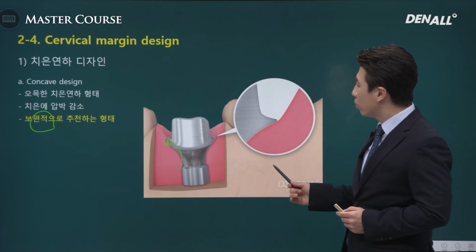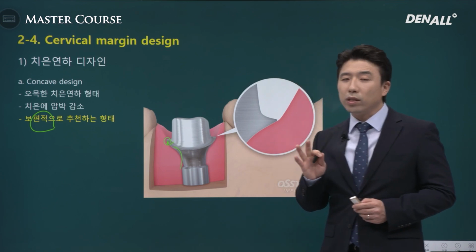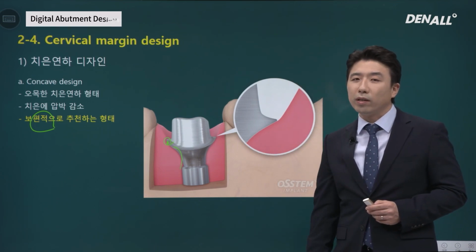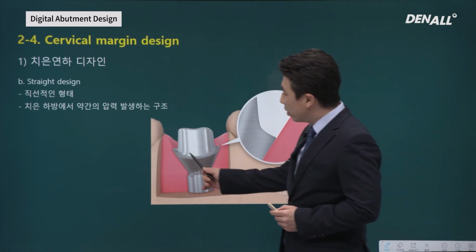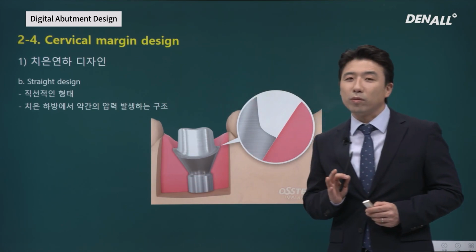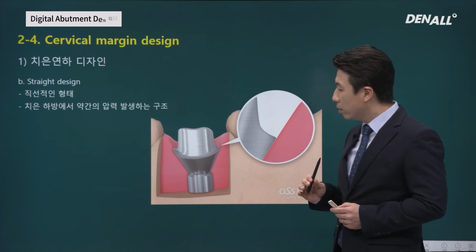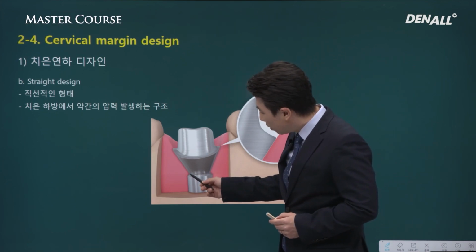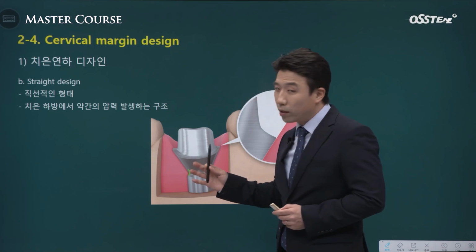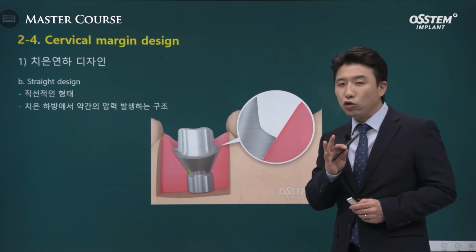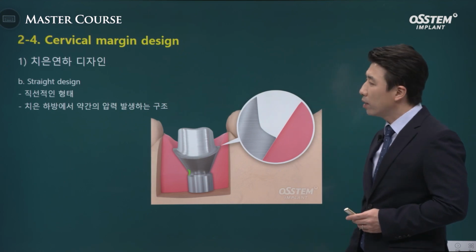In most cases, in order to form healthy gingiva around the implant, concave design is chosen. There are no major issues with a straight design. But in most cases, people say it is better to start off concave when starting off from the implant area.